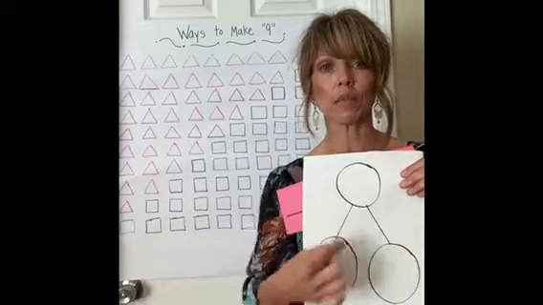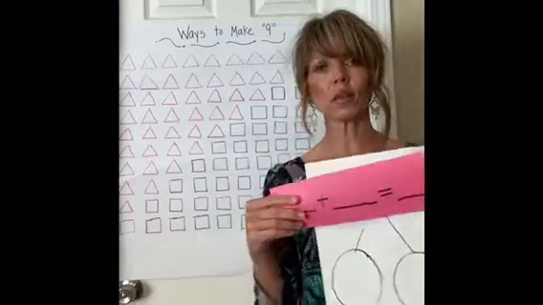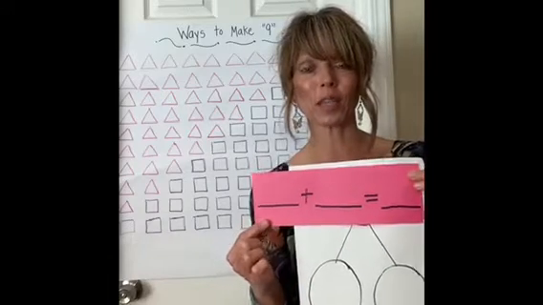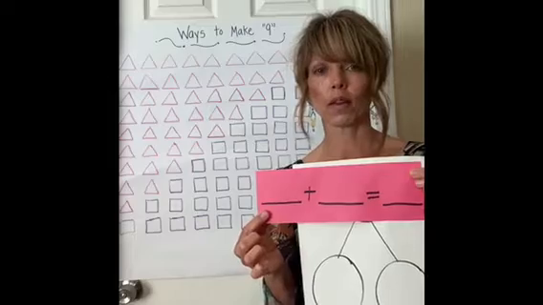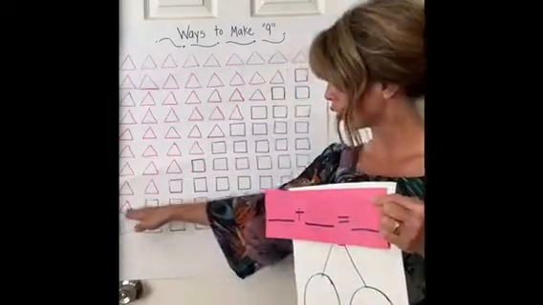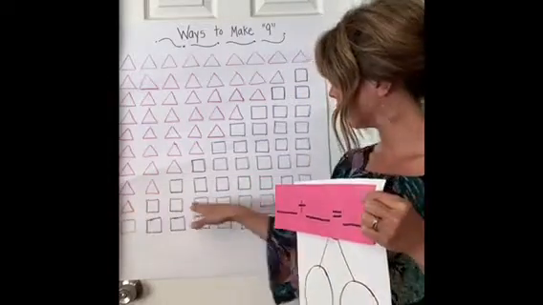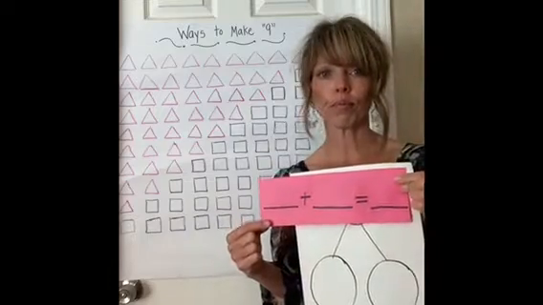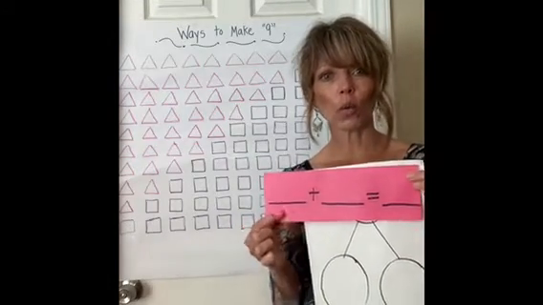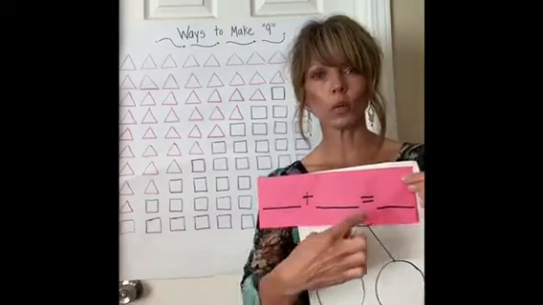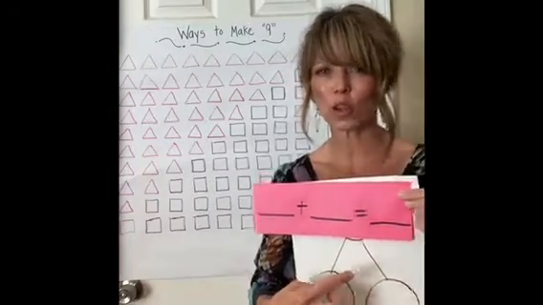Move them together to make 9. Can you tell someone who's around you what the number sentence would sound like? How would you say it for this picture? 1 triangle and 8 squares. I feel like I can hear you talking. 1 plus 8 equals 9. You guys are so smart.